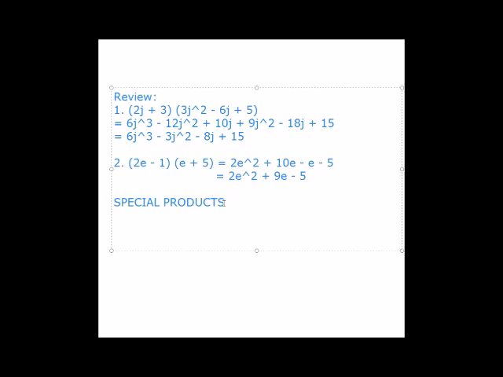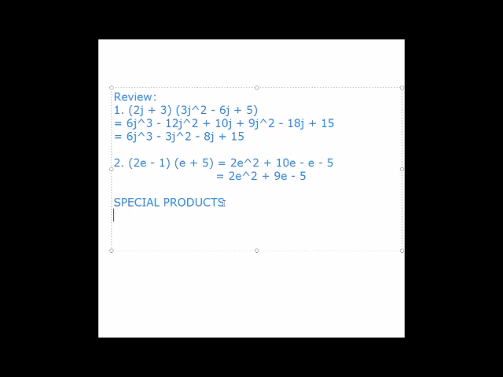So in this case, when we multiply a binomial by a binomial, our final answer is a trinomial, a polynomial with 3 terms. Now, it's not always the case that multiplying binomials will give us a trinomial as our product.